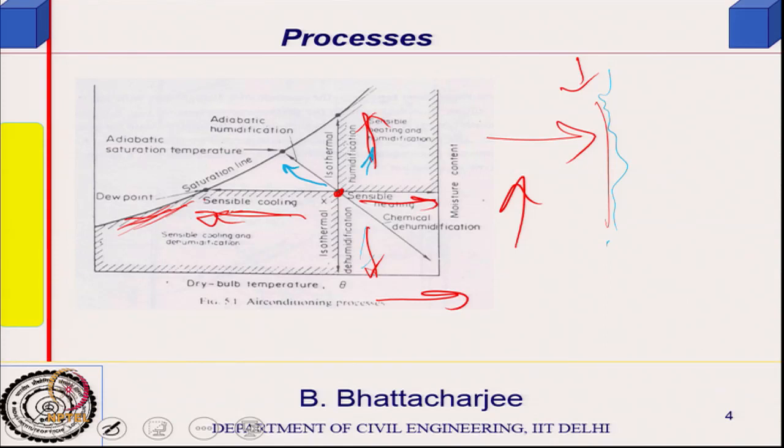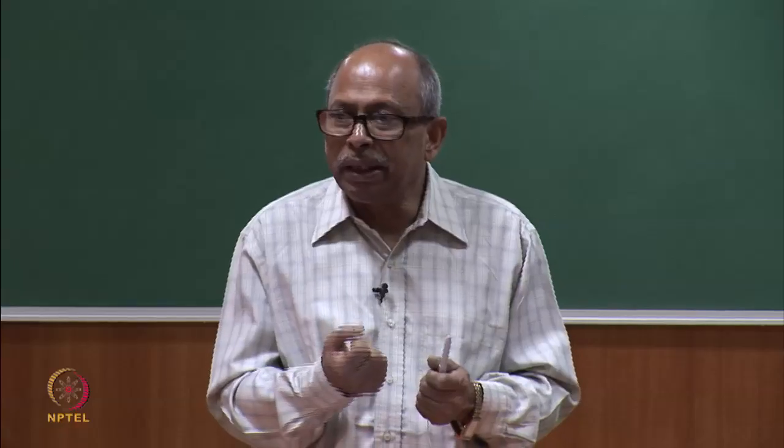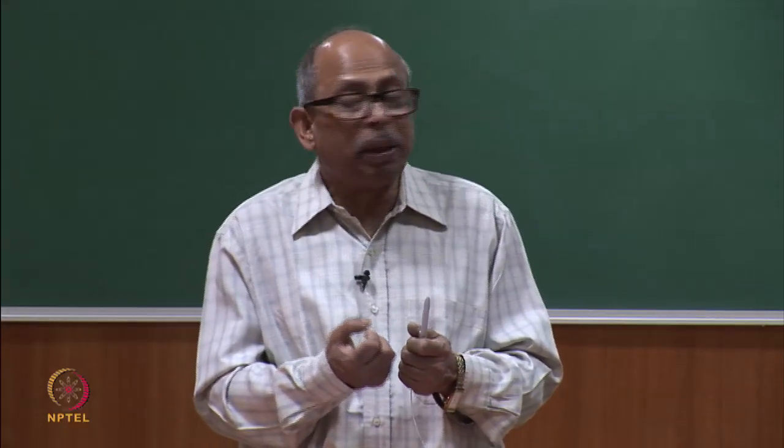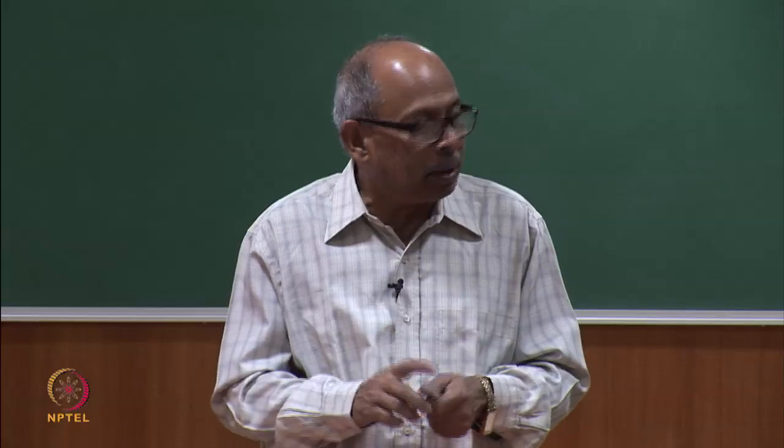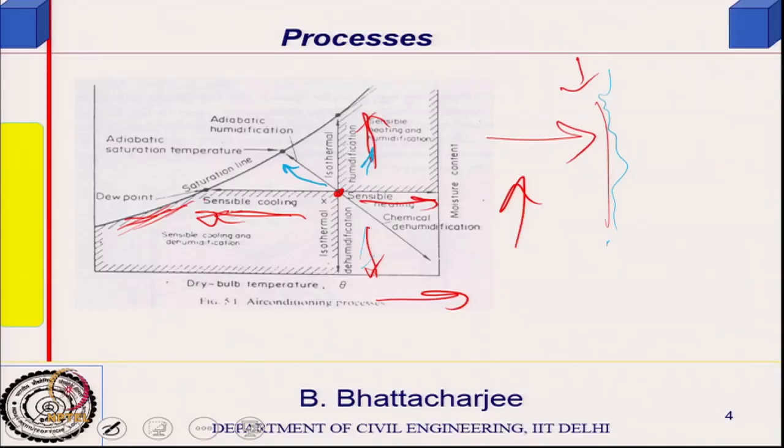Now, supposing I pass it through a bed which can absorb moisture, a desiccant. As I pass it through a desiccant, the moisture from the air will be absorbed by the desiccant, right. If the desiccant absorbs it and the temperature is maintained constant, then obviously it will be isothermal dehumidification.